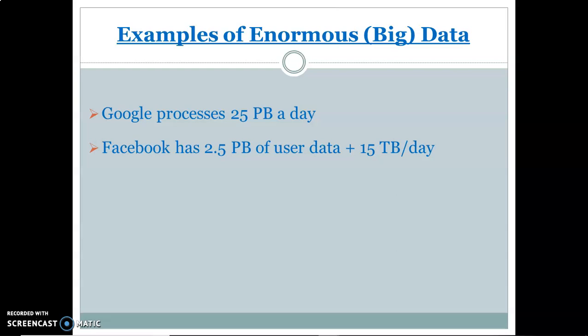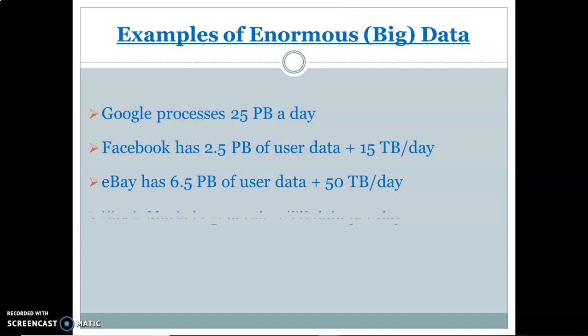You see 2.5 petabytes of user data. So just imagine that there are millions of users. What is the size of data that Facebook is managing? eBay is an e-commerce site, and just see the amount of data on eBay. And stock markets are generating 1 TB of data per day.